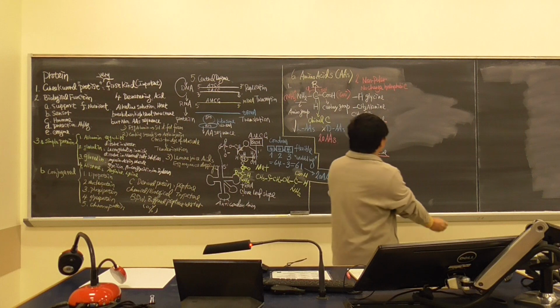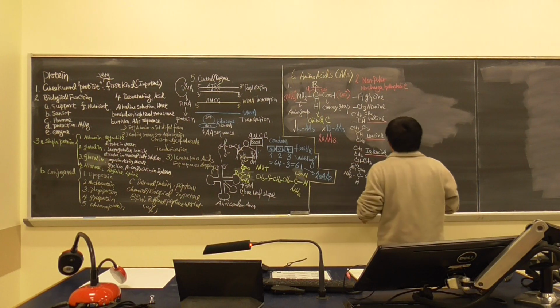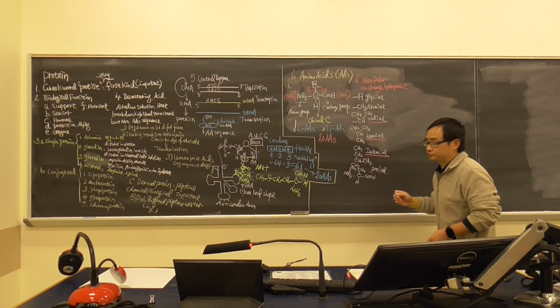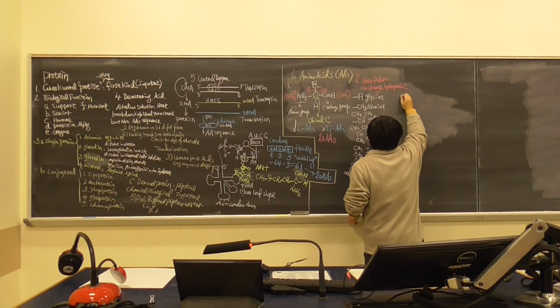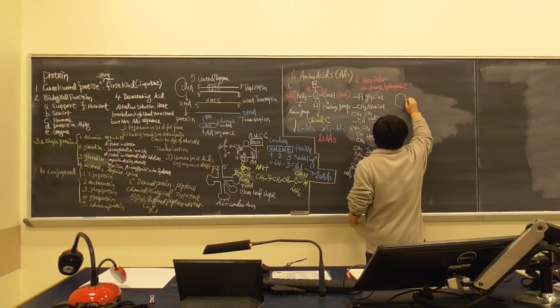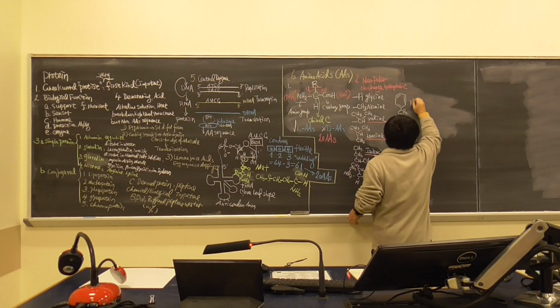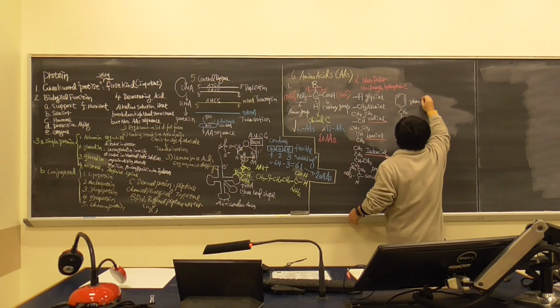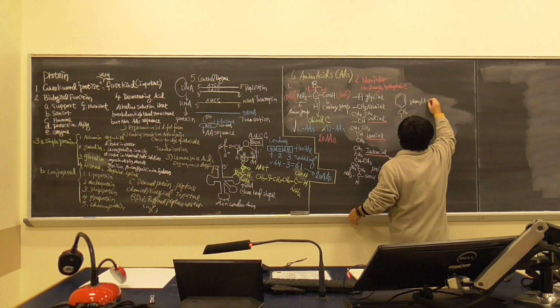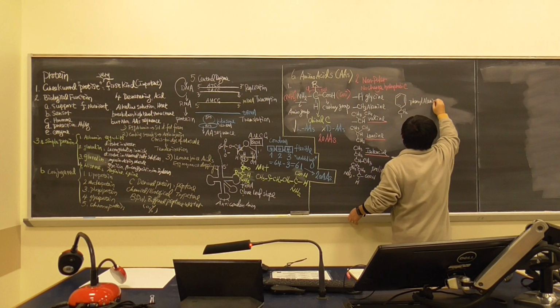Then we move on to a relatively difficult one because we have a phenyl group there. So the first one is a phenyl group added to CH2. This is phenylalanine.